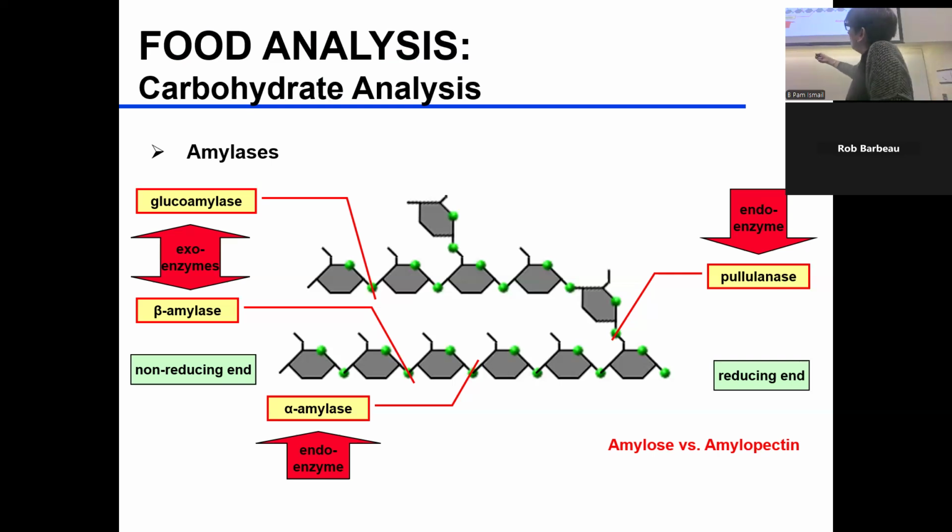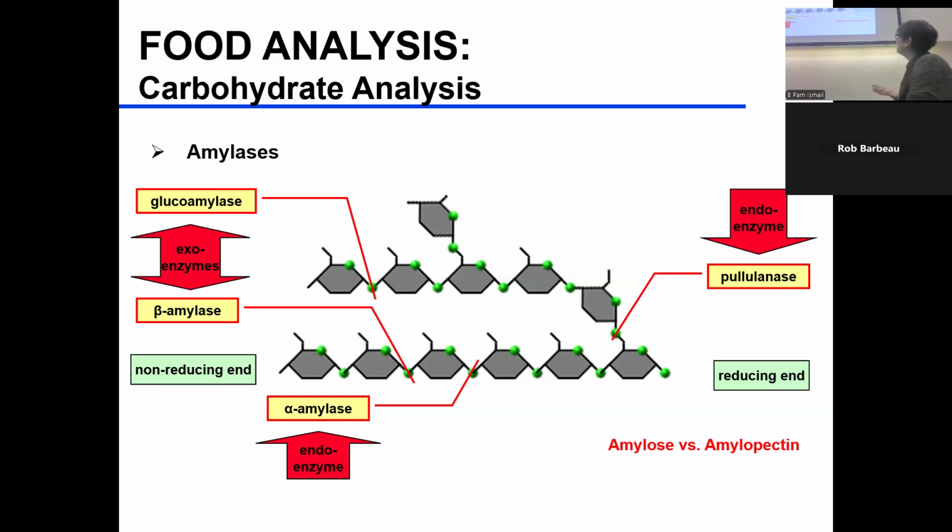Then you have the beta amylase that cuts 2, sometimes 3 units from the exo side, from the side chain. And then the glucoamylase, 1 glucose at a time.